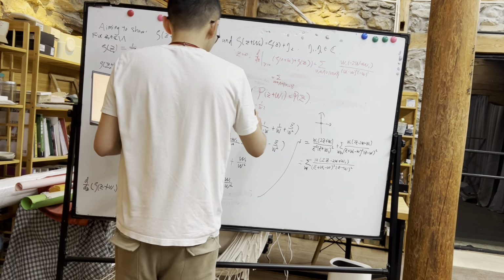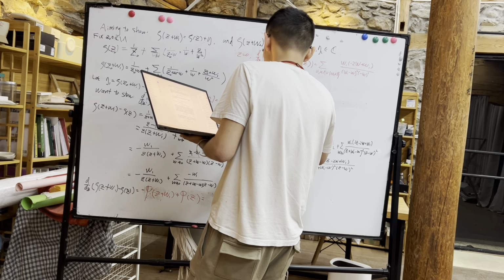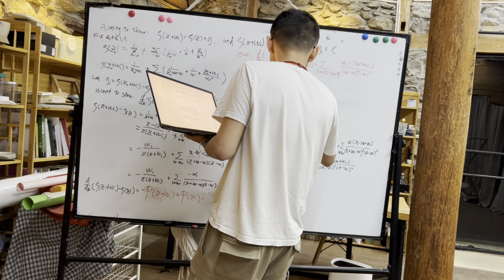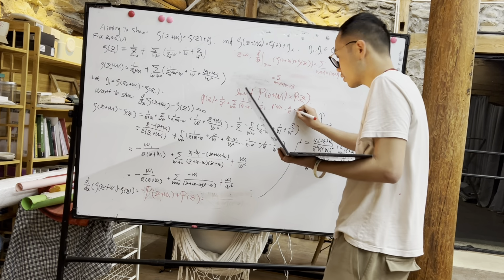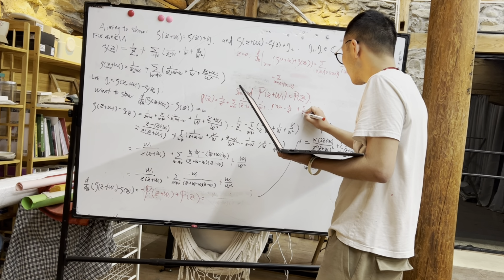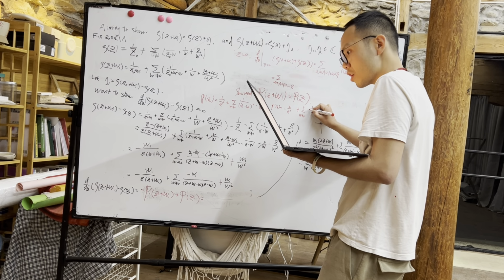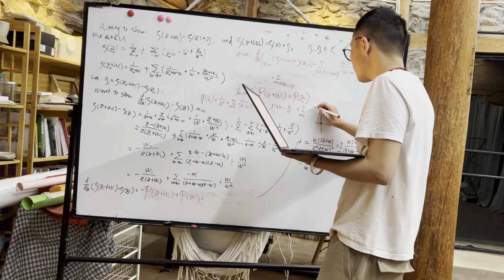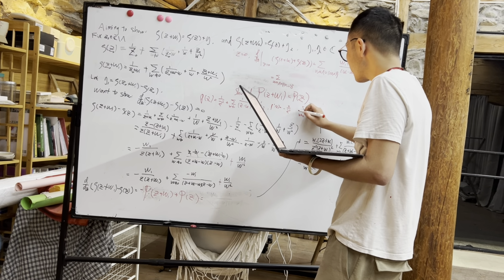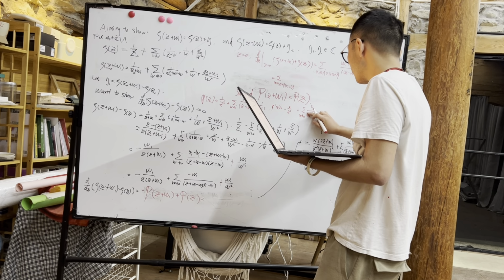So the derivative, p prime of z, is equal to negative 2 over z cubed plus the sum over omega not equal to 0 of, sorry, this should be minus, right? And then 2 over z minus omega cubed.